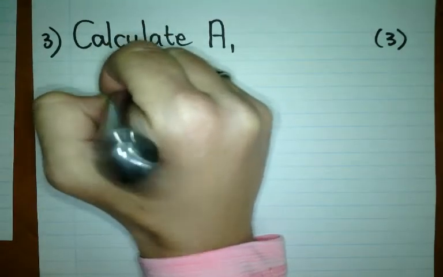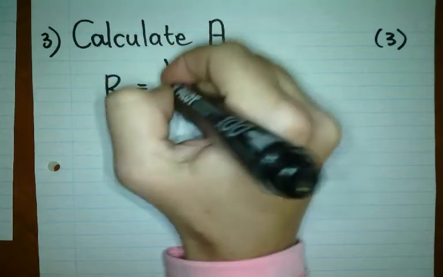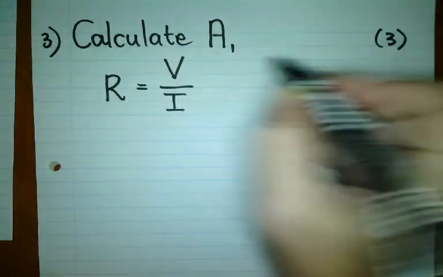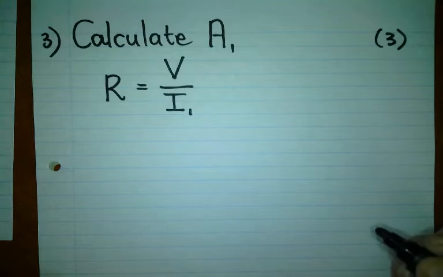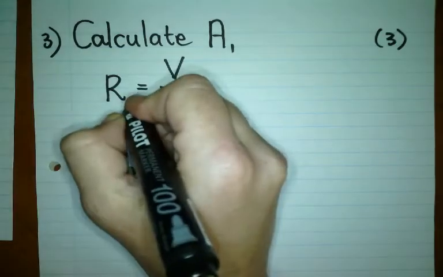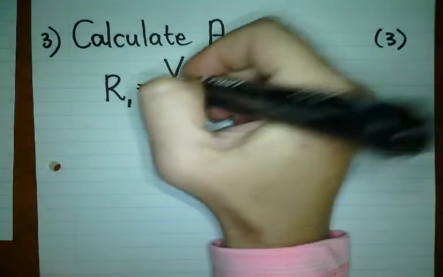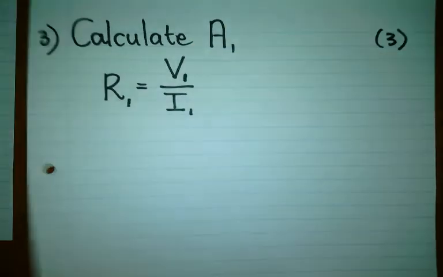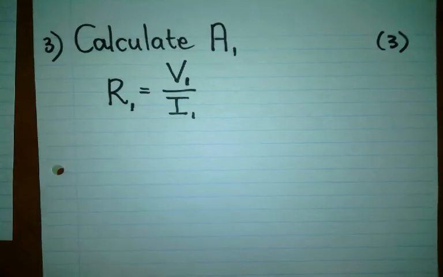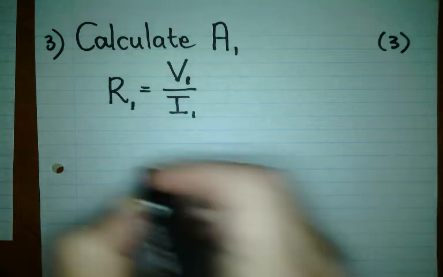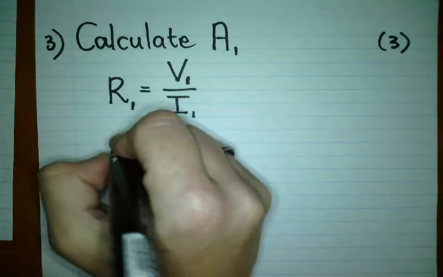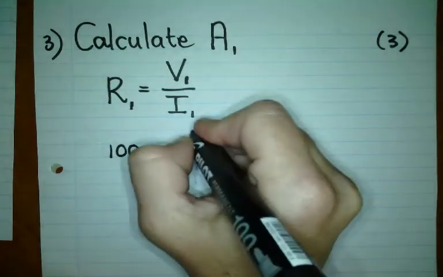Then we're going to start with our formula. I want A1, so that's the current through resistor 1, which means I'm going to use the voltmeter reading over that resistor. Cool. Now I'm going to substitute into my equation. R1 is 100.